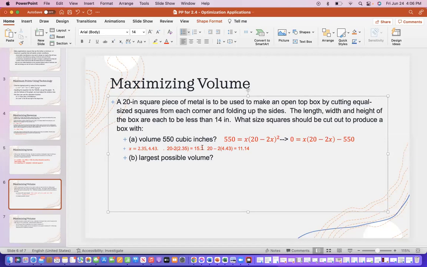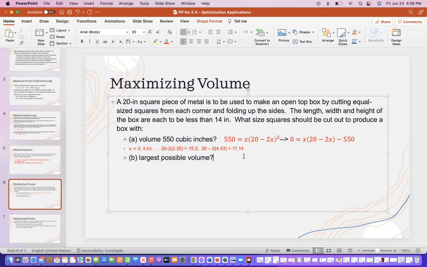That gives me 15.3. That's too big. That's not under 14 inches. So 2.35 is not a viable solution. So I'm just going to X that out. With 4.43, if I go 20 minus 2 times 4.43, I get 11.14. That would be an acceptable length.